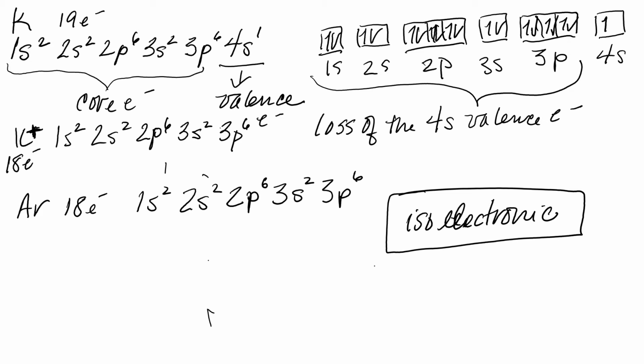So when metal atoms lose electrons, they're doing so to obtain the electron configuration of a noble gas, and when nonmetals gain electrons, they're doing so to also obtain the electron configuration of a noble gas. And we'll see that in the next example, because now we're going to look at chlorine with 17 electrons.